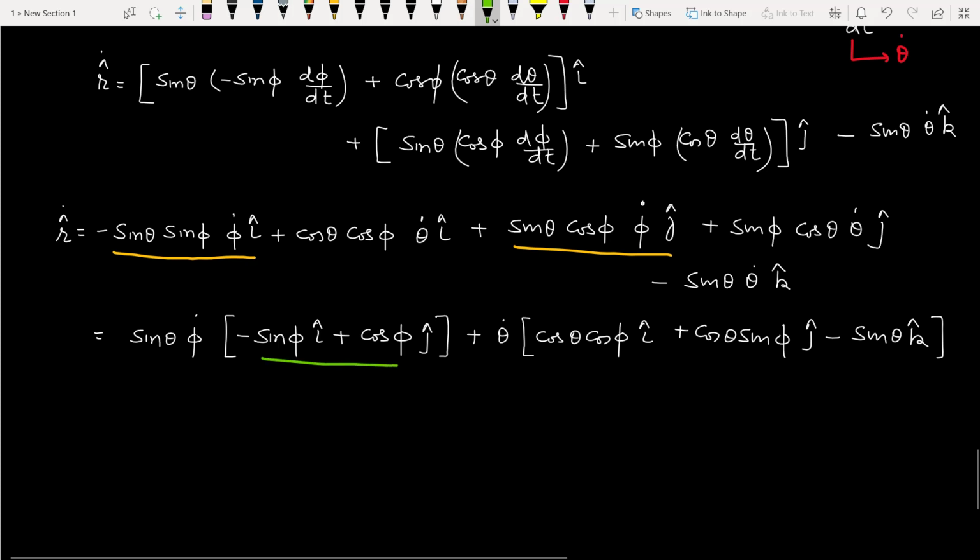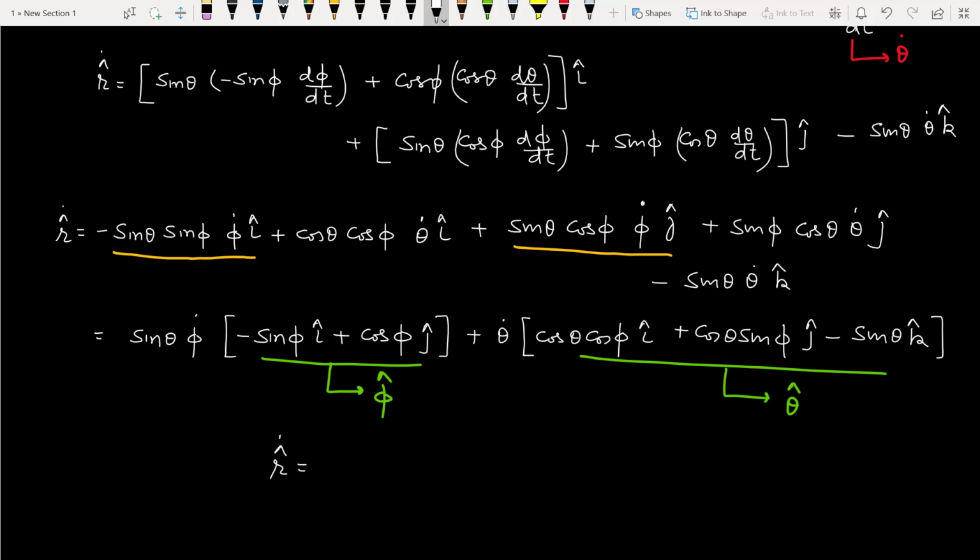So what is this term? This is phi cap. What is this term? This term is theta cap. So r cap dot will be equal to sin theta phi dot phi cap plus theta dot theta cap.